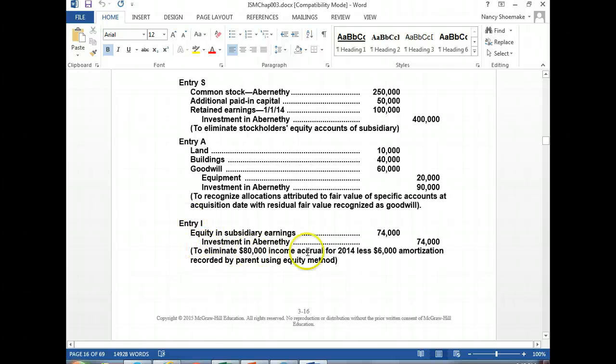We need to get that off our books, the investment in Abernathy, and we need to debit that equity and subsidiary earnings. Remember, to consolidate, we need to look like one entity. Therefore, we need to get those investments off our books.